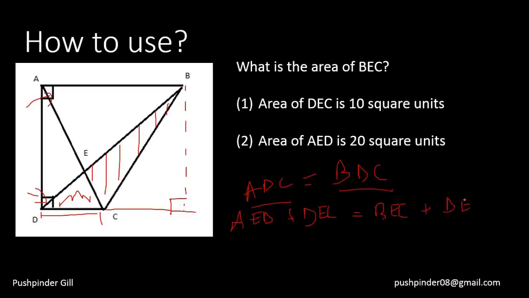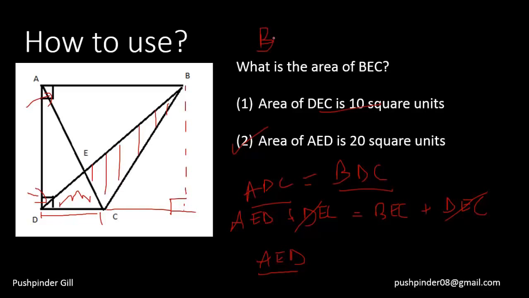Okay. So this and this are gone. That means if I want to calculate the area of BEC, I just need the area of AED, which the second option gives me. Alright, I don't really need this one, so statement B gives me the answer.